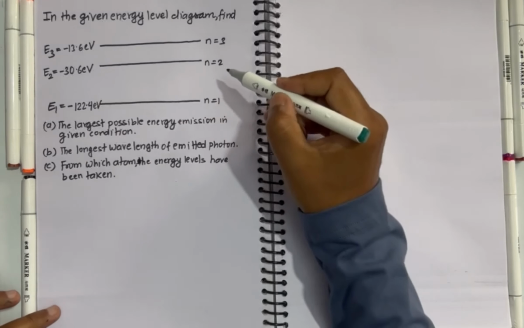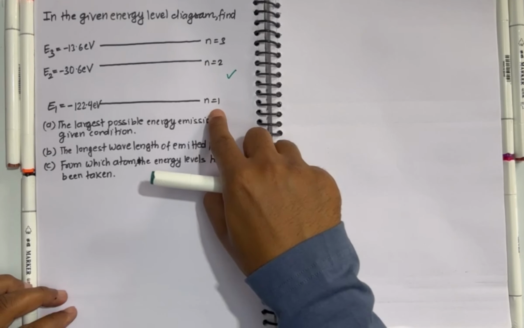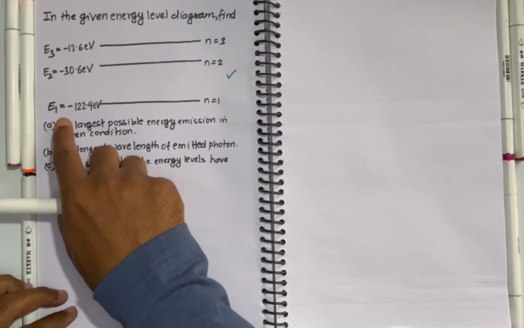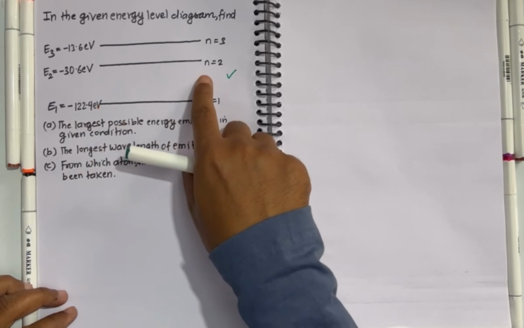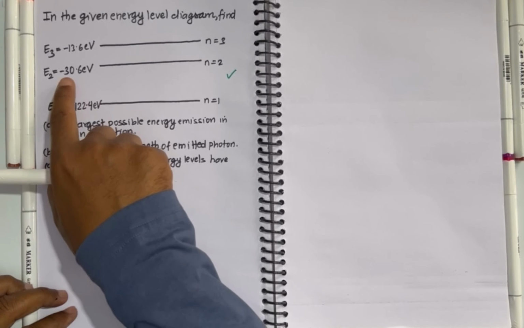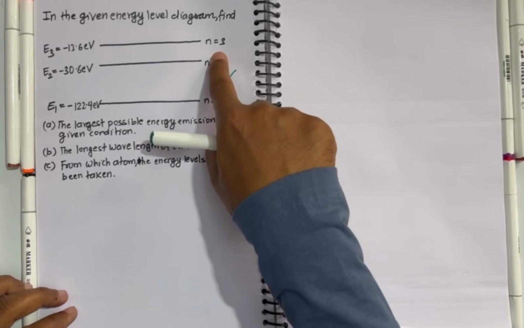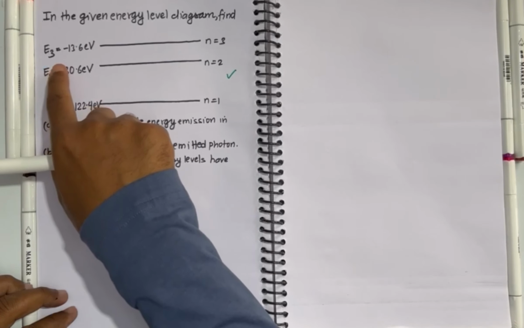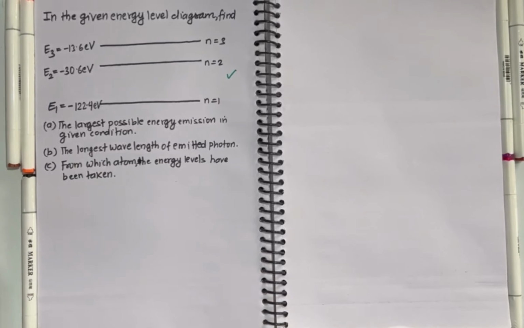So we have this energy level diagram given in the question, and we can see for n equals 1, the energy E1 equals minus 122.4 electron volt, and for n equals 2, the energy E2 equals minus 30.6 electron volt, and for n equals 3, energy E3 equals minus 13.6 electron volt.